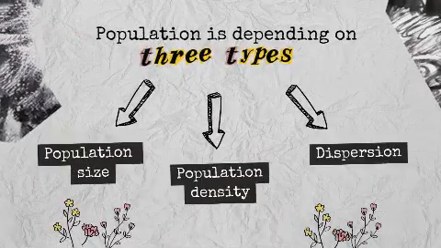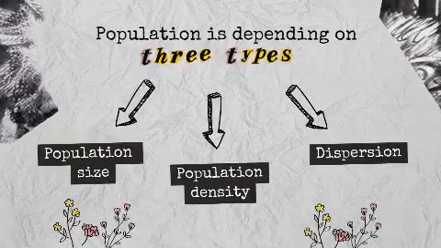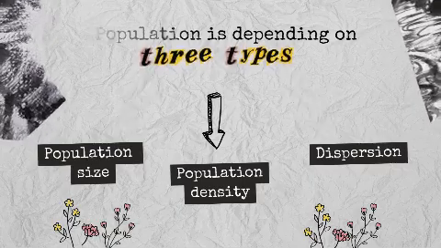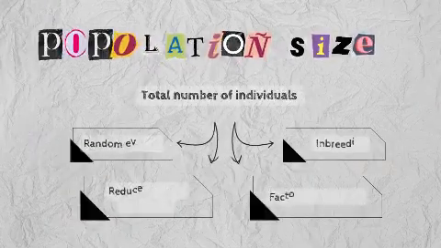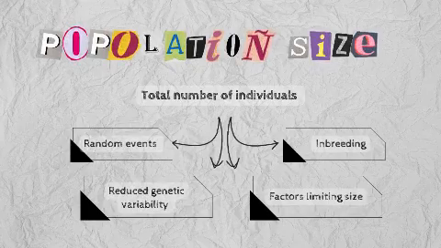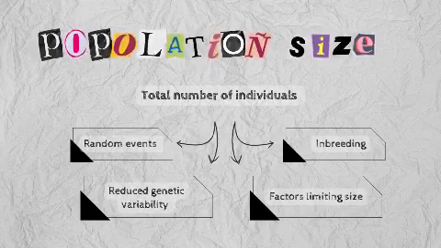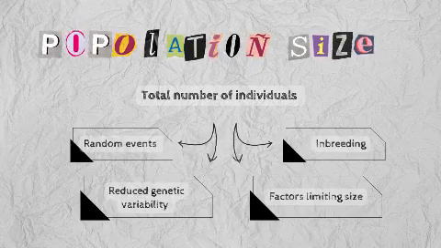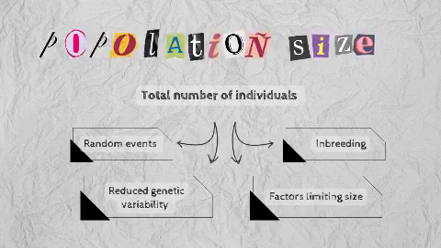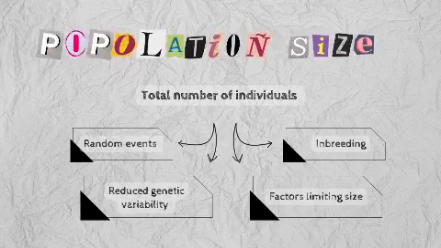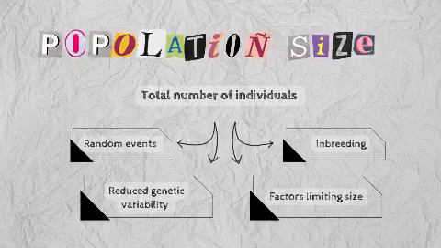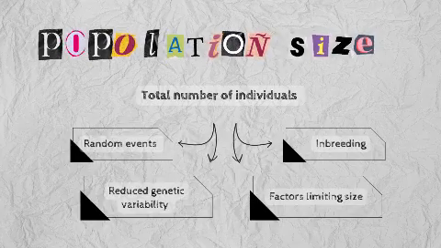Let's see the three key features that populations mainly depend on: population size, population density, and dispersion. First, we have population size, the total number of individuals in a population. Smaller populations are more prone to extinction due to random events like natural disasters, and inbreeding, which can increase the appearance of recessive traits and reduce genetic variability, which limits adaptation to changes.